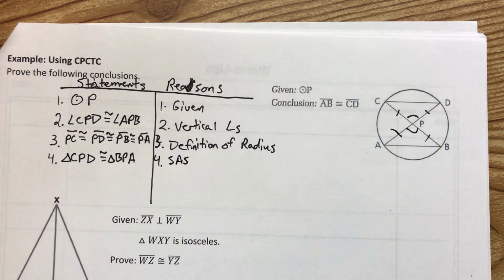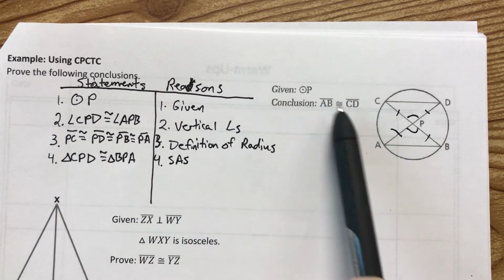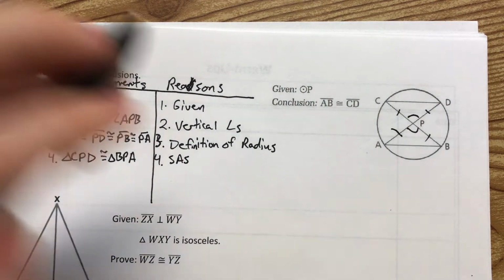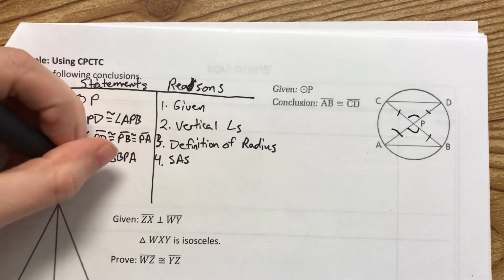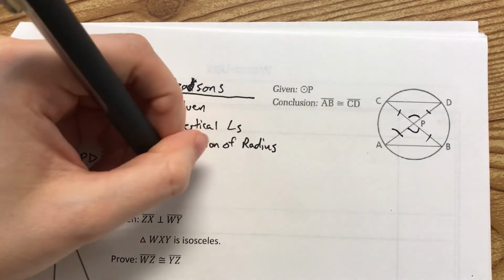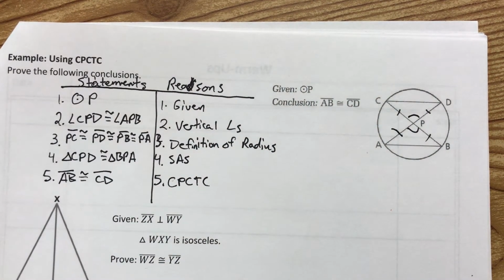And now that I know those two triangles are congruent, I can also conclude that AB is congruent to CD. So step 5, AB is congruent to CD by CPCTC. Corresponding parts of congruent triangles are congruent.